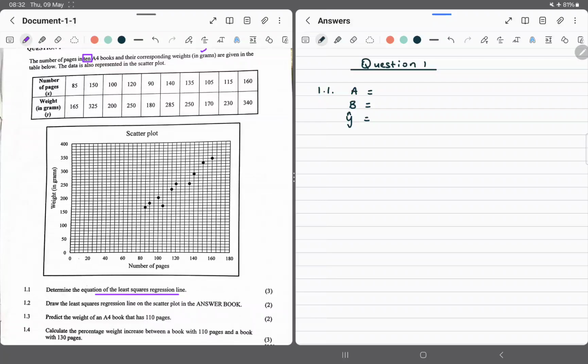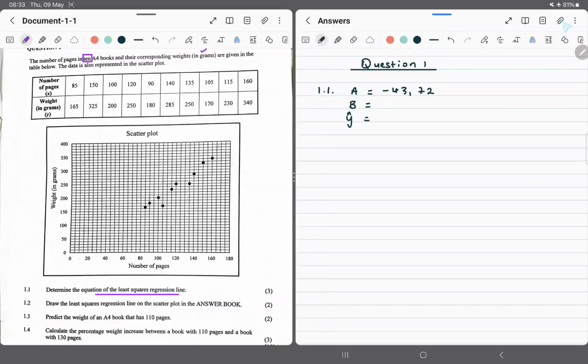Here we just go shift, stat, and from there we choose option 5, which is regression, and then we need to select A. So what is the value of A here? The value of A here, I'm getting minus 43.72 to 2 decimal places.